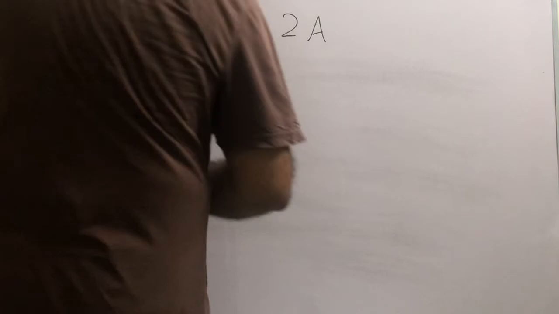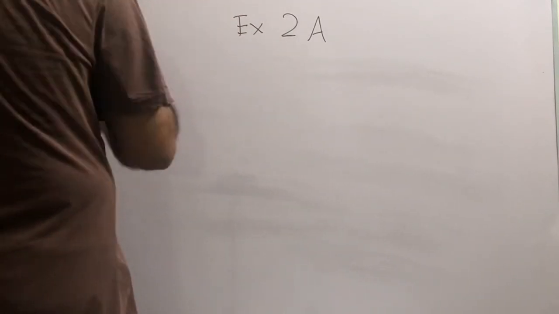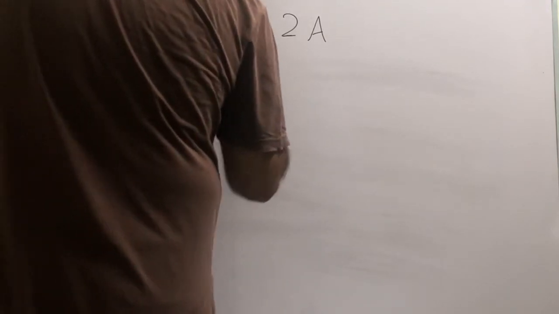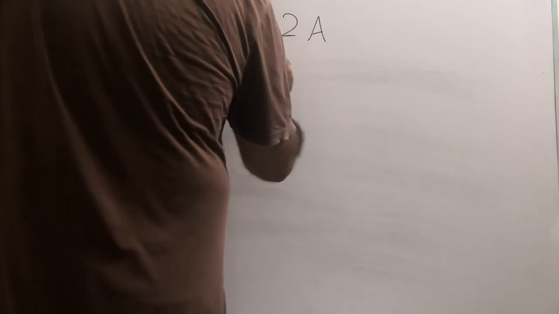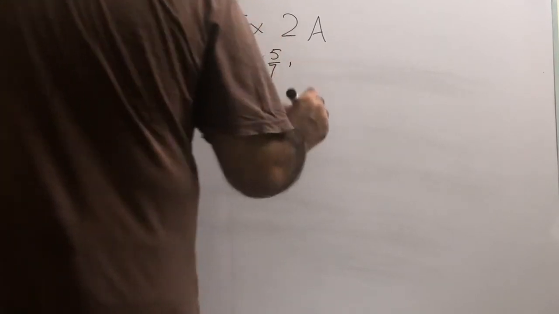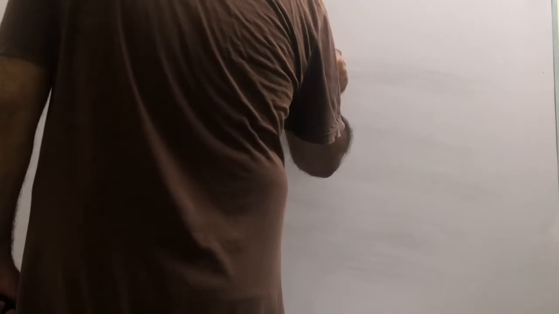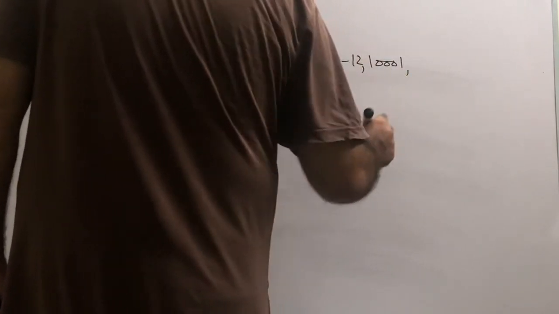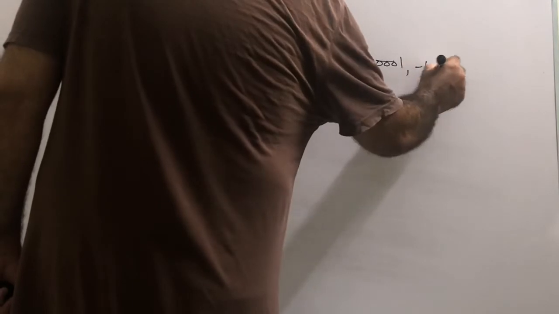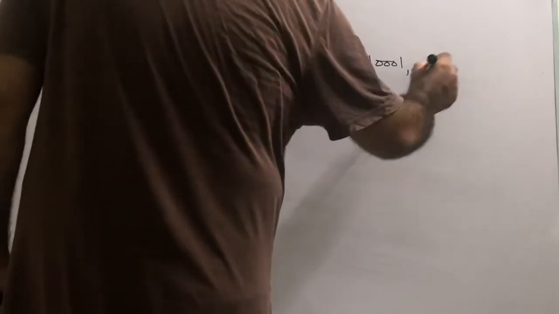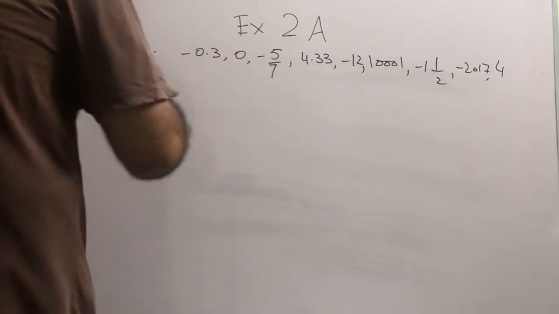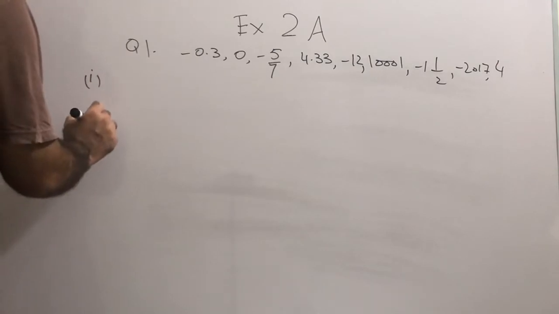So question number 1 is given like this: -0.3, 0, -5 over 7, 4.33, -12, 1,001, -1 whole number 1 over 2, -2017 and 4. Okay, so we need to find out 4 things.